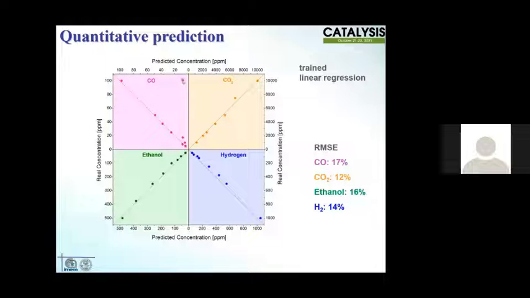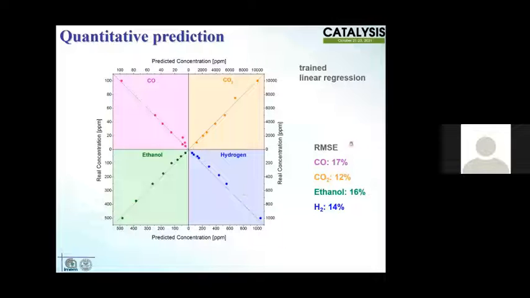That means that they are identified as the right gas. And then, since in y you have the actual concentration of the gas, and in x you have the estimated concentration of the gas, obviously on the diagonals we have the perfect estimation of the concentration. As you can see, the points are quite close to the diagonals.